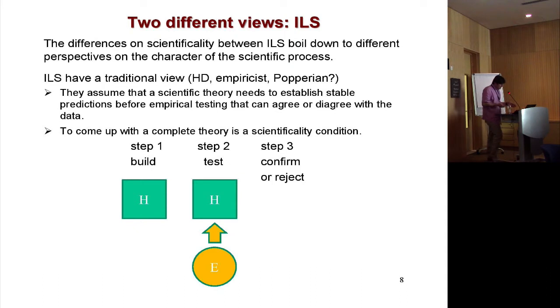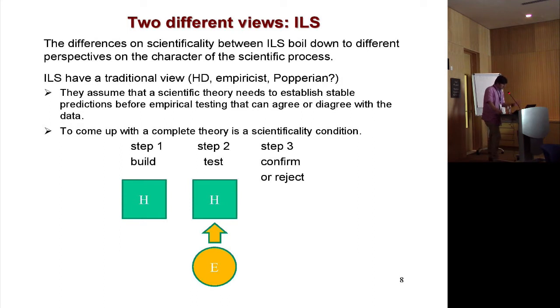Second is that they assume that a scientific theory ideally should be stable already once you start testing it. I know, of course, they don't claim that that has ever been the case with respect to inflation, but that's the ideal of empirical testing they have in their mind, and that's kind of the gauge against which one needs to assess whether empirical testing works or does not work.